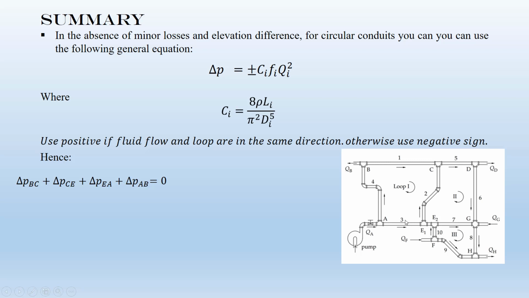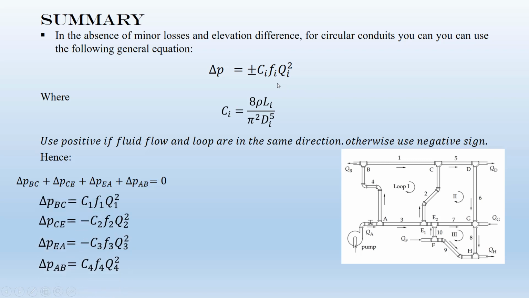Minus C3 F3 Q3 squared, and then for the fourth one, loop and fluid flow are in the same direction, plus C4 F4 Q4 squared. If you substitute for these values into this equation, you can develop an equation for the loop, correct? So for loop one, you can set this equation. Keep in mind that in this equation, friction factors and Q's are unknown.